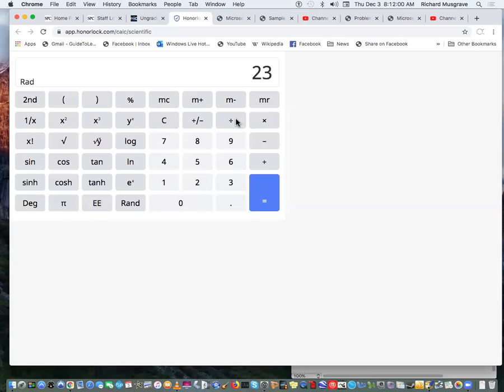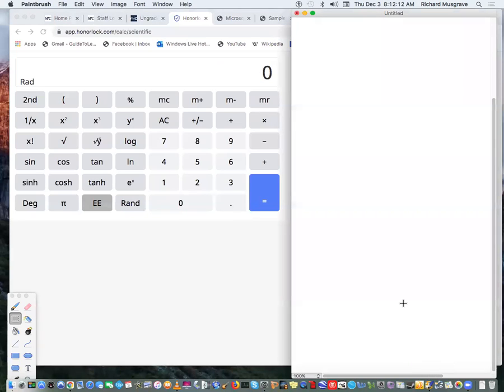And then let me do an equation that involves two exponents. Is EE like 10 times 10 to the power of, right? Just like it is on a regular calculator.